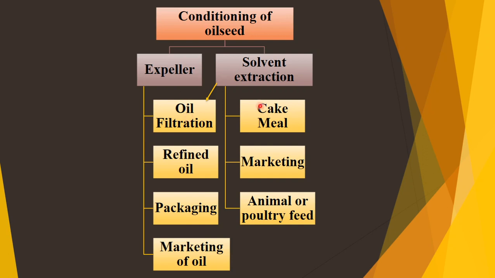Then we get a refined oil which is packed in a tin, bottle, etc., whatever may be the packaging material, and the oil is marketed, meaning it is sent to the market for selling. While in solvent extraction, the cake meal and the oil filter are separated here, where the oil filtration is done, and the refined oil we get is packed and again sent to the market.